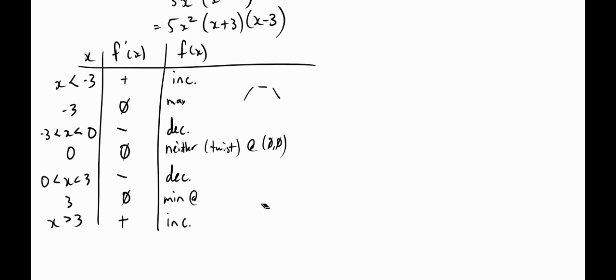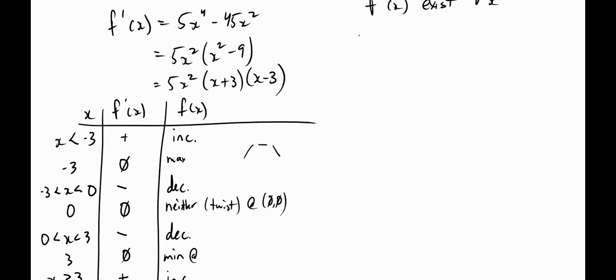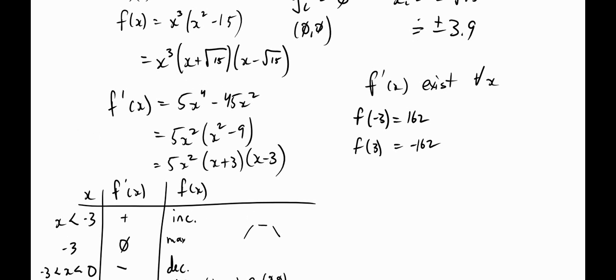And those points, so let's go back up here, f at -3 is, I believe, 162. It gets quite big. And f at +3 is -162. Just plugging them into our original function. And we already have f at 0.